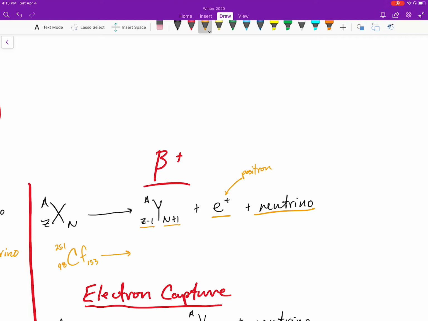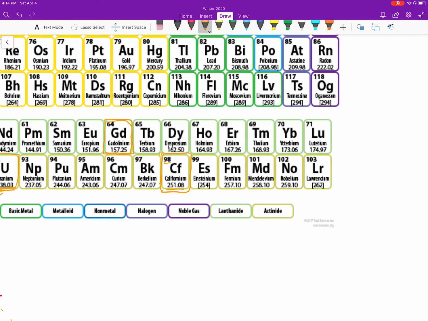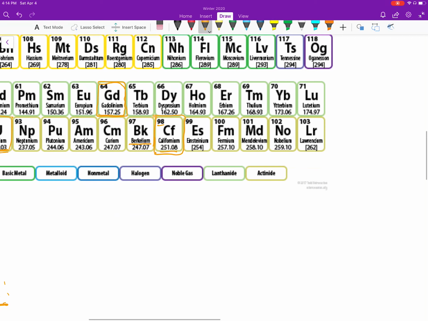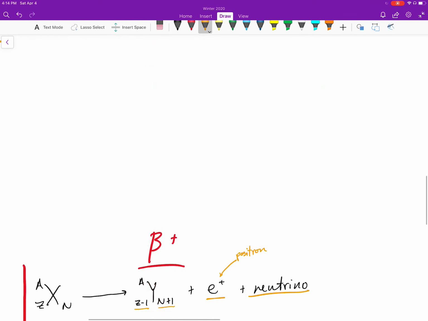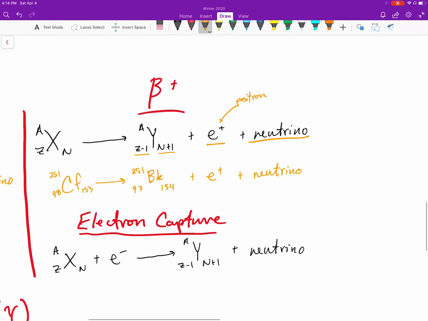And that's going to turn into element 97. The mass number will stay the same, which means that there will be 154 neutrons. So what's element 97? Bk, berkelium. So we have Bk here. A positron is emitted as well, and a neutrino. And that's beta positive decay.